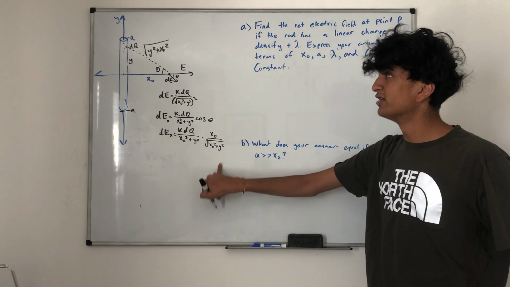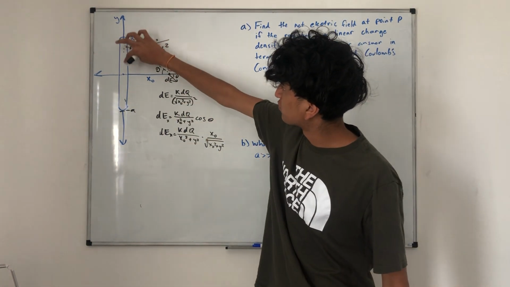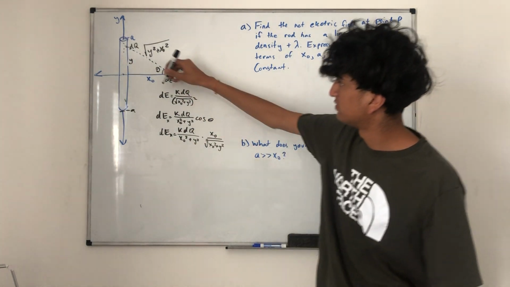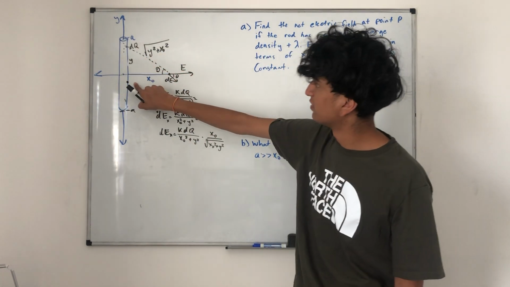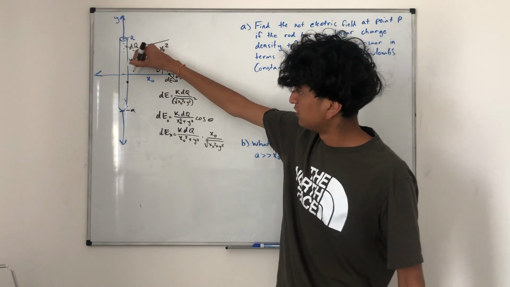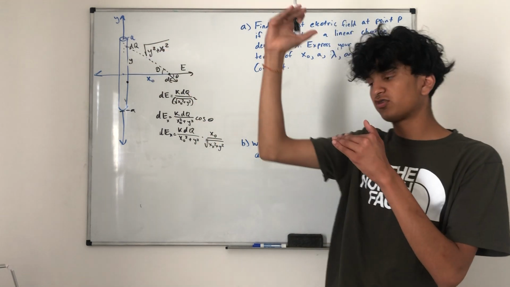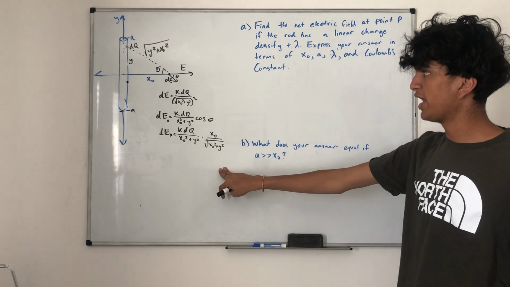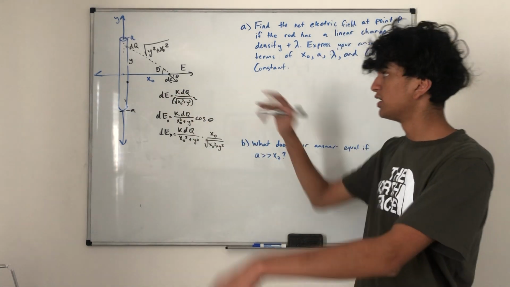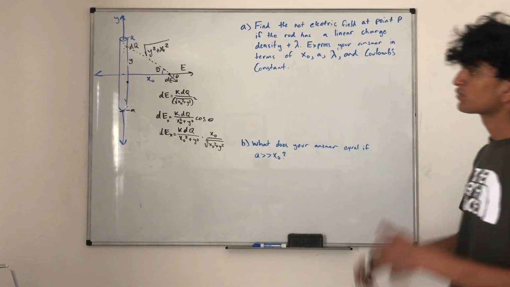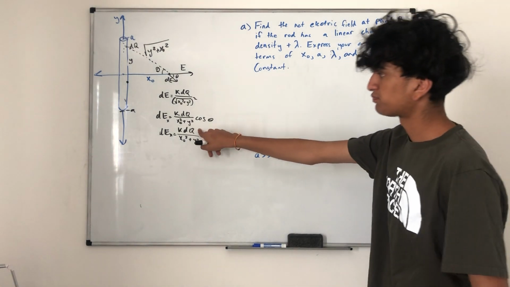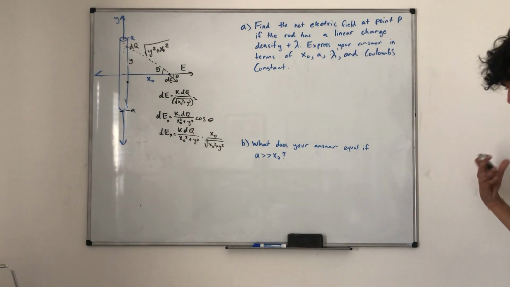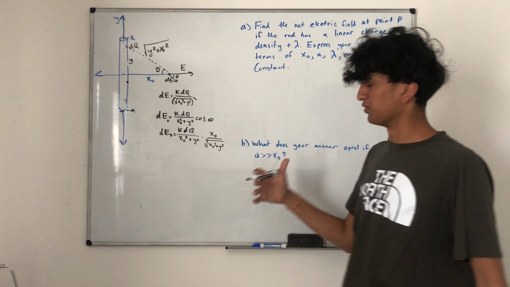We have y: as you go down this rod, your y is going to change, because for this dq, this is a smaller y than this. X naught is constant because that's just the distance from the rod. But we also have dq that's changing.